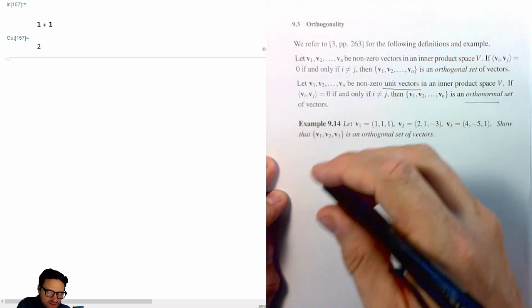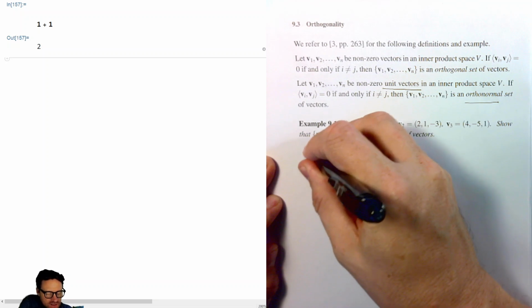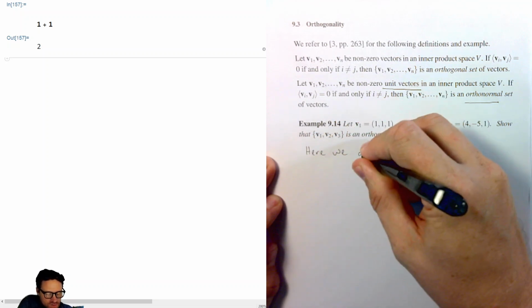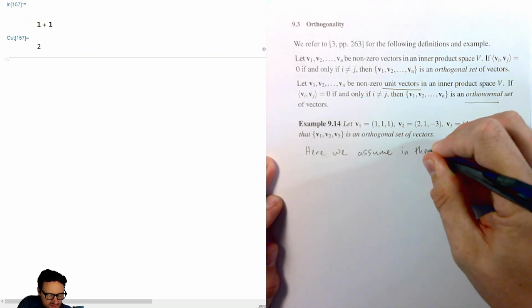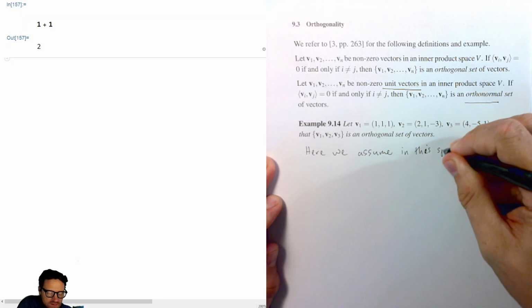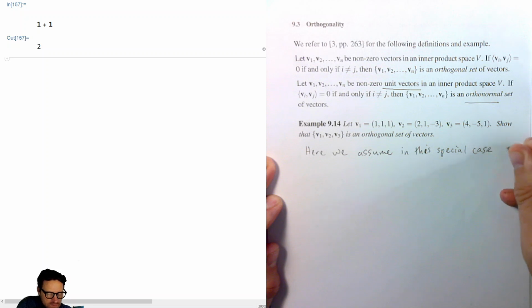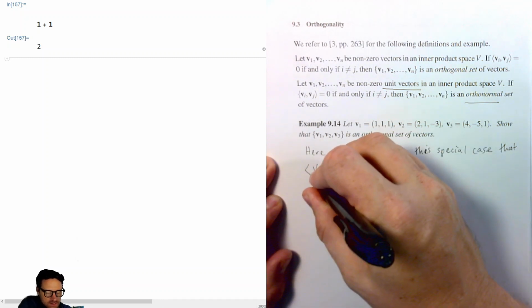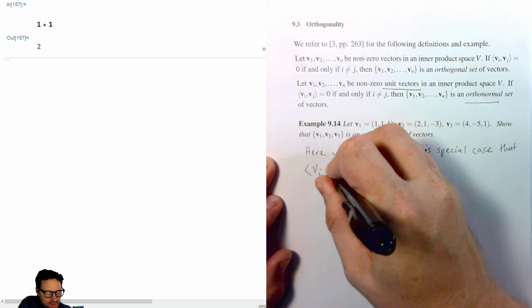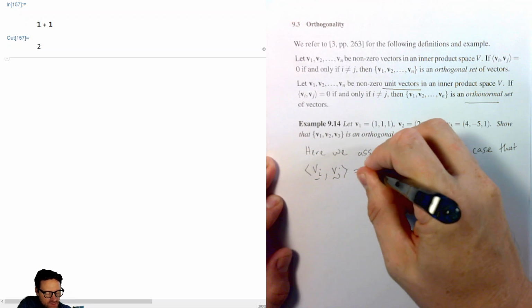So what we need to do here is take the dot product. Here we assume, in this special case, that the inner product of vi with vj is the dot product.